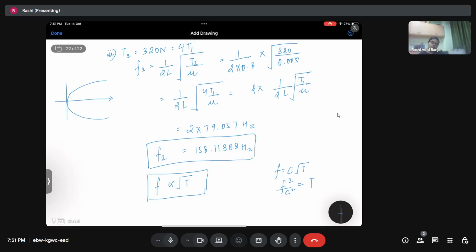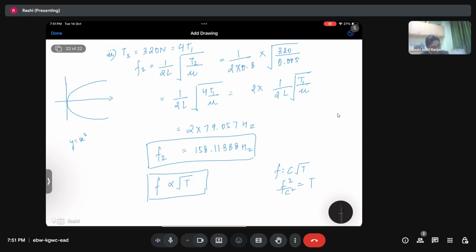So this is x is equal to y square, but maybe tension is our input. This is the graph of y is equal to x square.